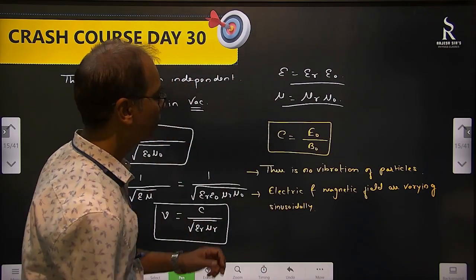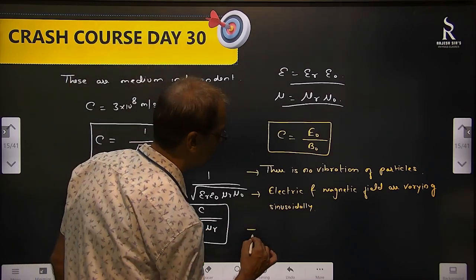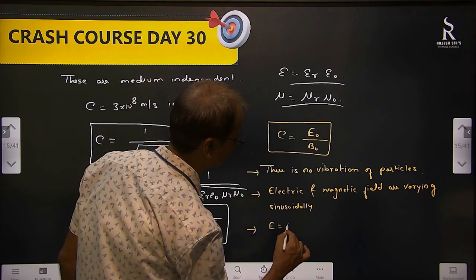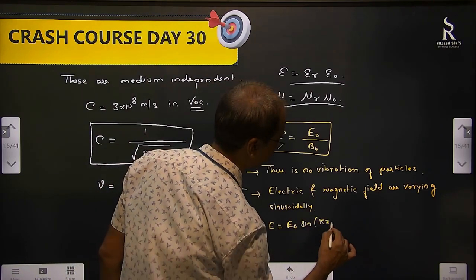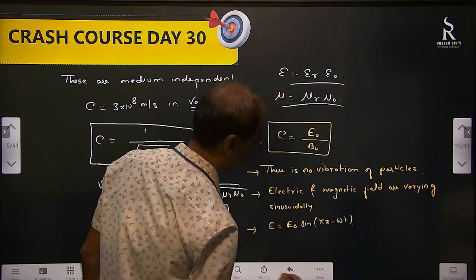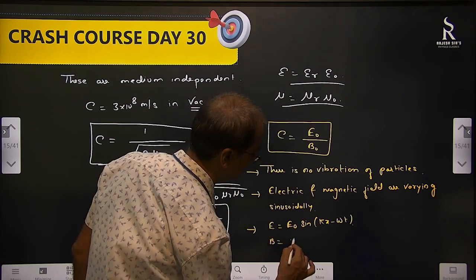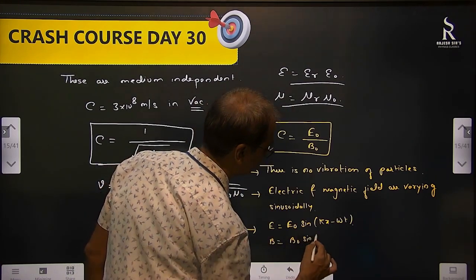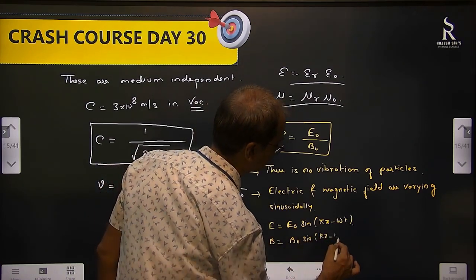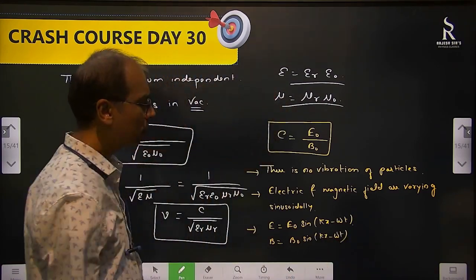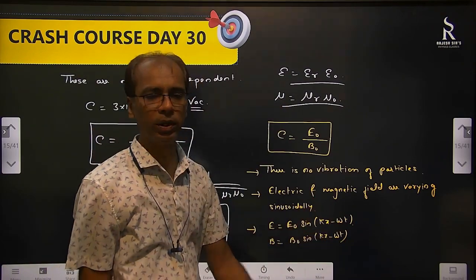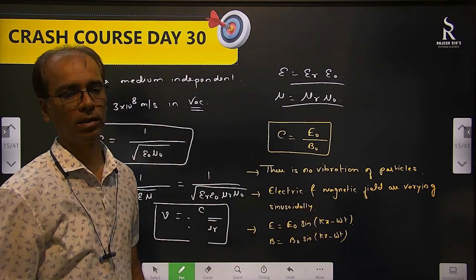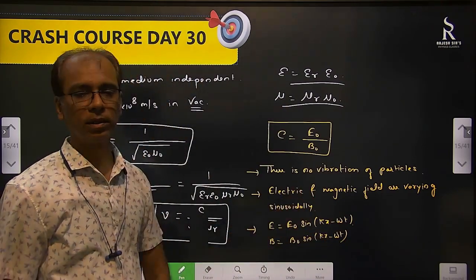Electric field I will be writing in this way: E equal to E naught sine of kx minus omega t, and magnetic field I will be showing as B naught sine of kx minus omega t. So that means electric field is moving along the x-axis and magnetic field is also moving along the x-axis. Answer is yes. Both are heading in the same direction.